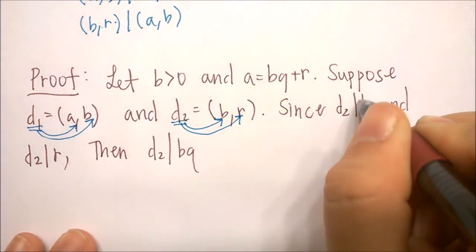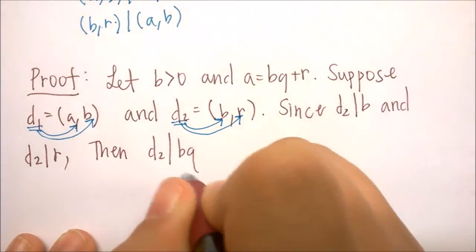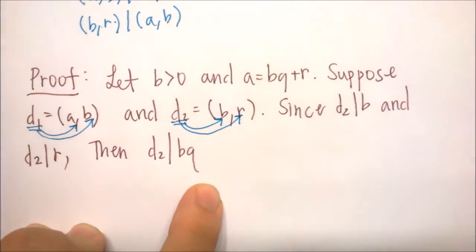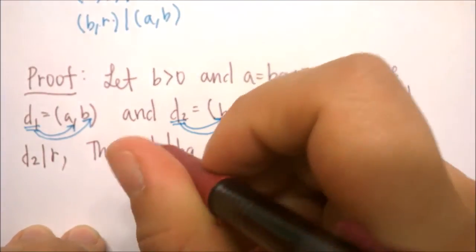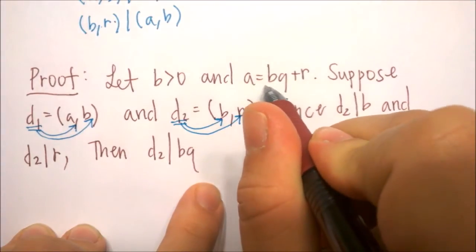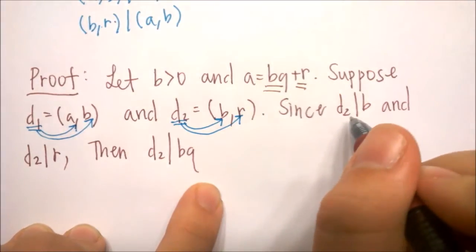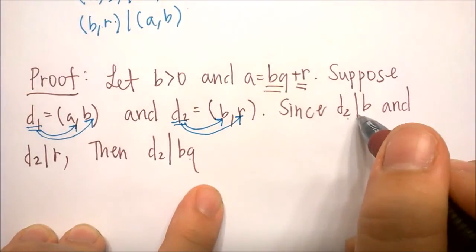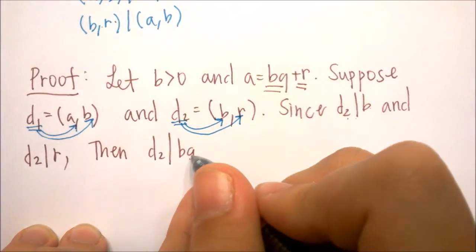Meaning if D2 divides b, then it will divide any multiple of b, where q is just some integer, 1, 2, 3, 4. Then D2 divides bq, and remember our a is bq plus r. So it divides b and r, and it also divides bq, because if D2 divides b, then it divides a multiple of b.